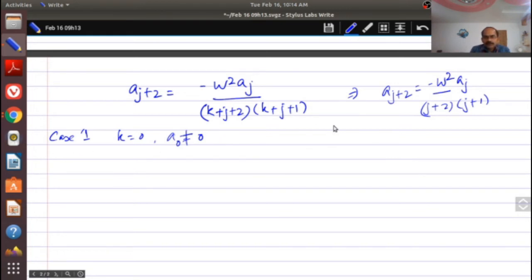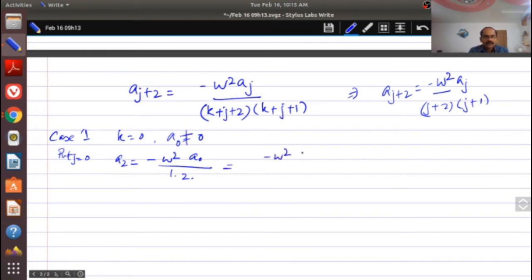a2 from this equation, put j equal to 0, then we get a2 is equal to minus omega squared a0 divided by 1 into 2. j equal to 0 means this is 1 and this is 2, which I can write in fact here straightforward because I know it will be useful for you later.